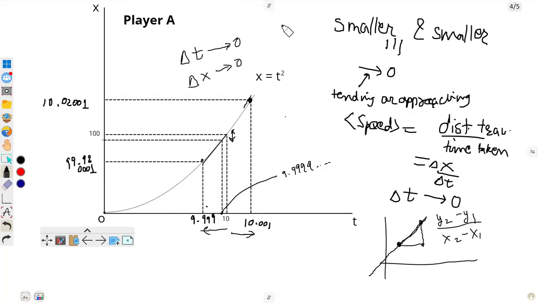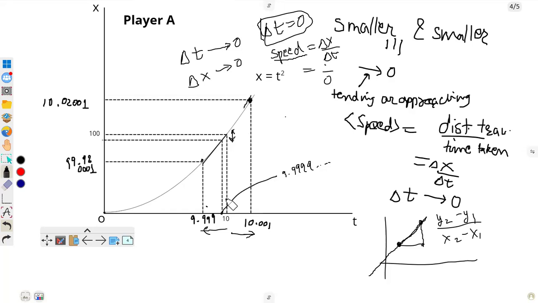तो यार अगर मेरे को सबसे बेहतरीन अप्रोक्सीमेशन चाहिए, why not just do delta t equal zero? I mean, this would get me the best possible, this would actually get me the instantaneous speed, na? I mean, अगर speed equal delta x upon delta t है, और डेल्टा t को बहुत छोटा करने पे हमारी स्पीड का अप्रोक्सीमेशन बेटर और बेटर हो रहा है, हम डेल्टा t को जीरो ही क्यों नहीं कर देते?